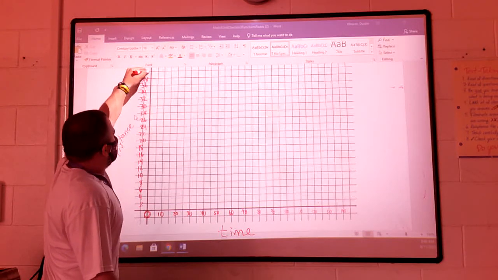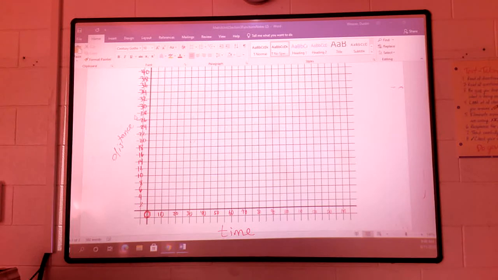And that's it. So I've got time and I've got distance. So I've got how many minutes it takes, and the distance that I've traveled. And what I want to do is plot those points that we have earlier in the table onto this graph.